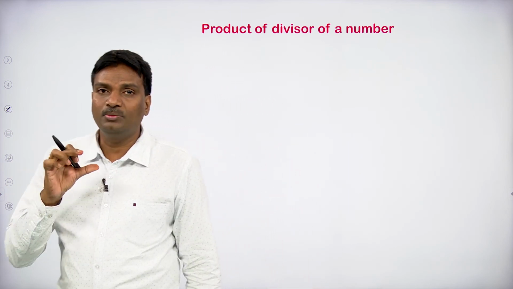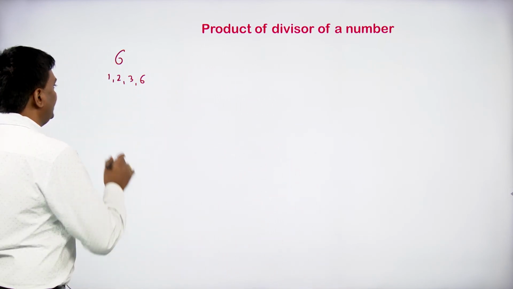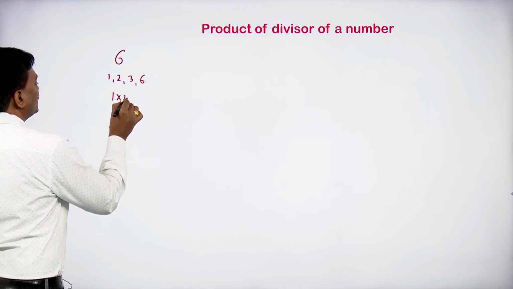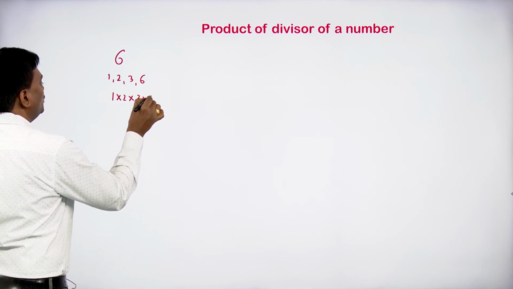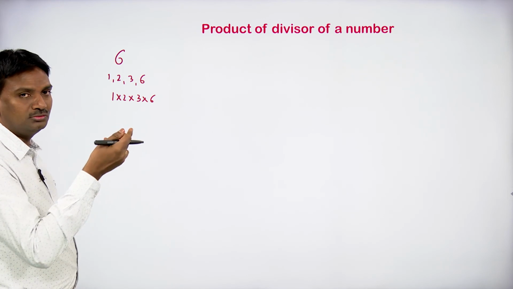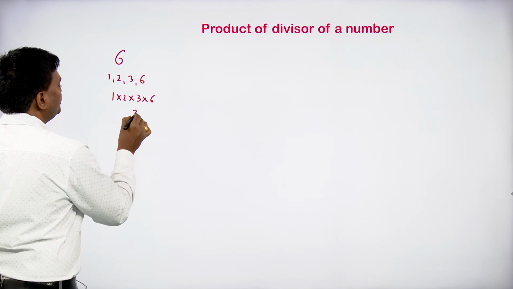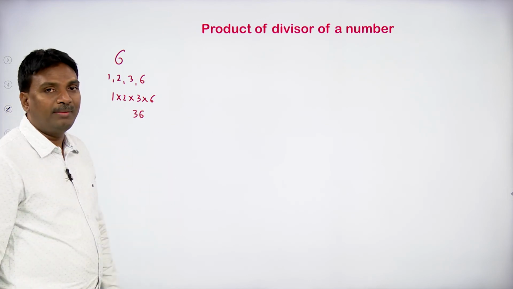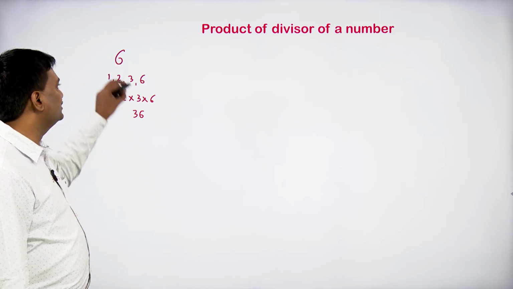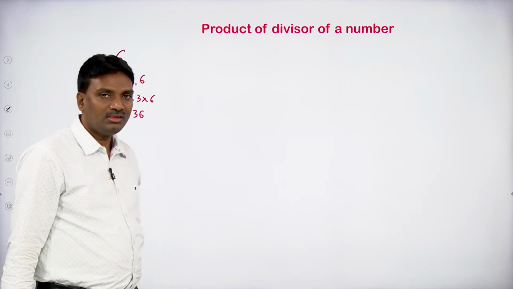Product means we have to multiply these 4 divisors. 1 into 2 into 3 into 6: 1 into 2 is 2, 2 into 3 is 6, 6 into 6 is 36. By multiplying all the divisors of 6, we have gotten 36.